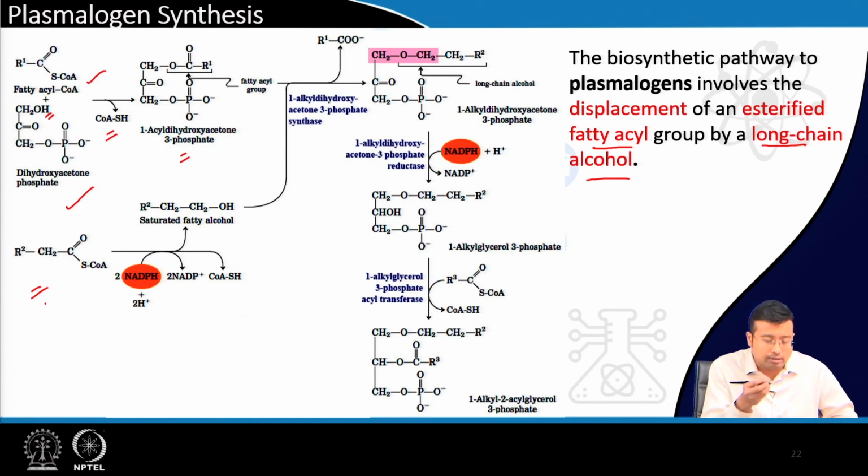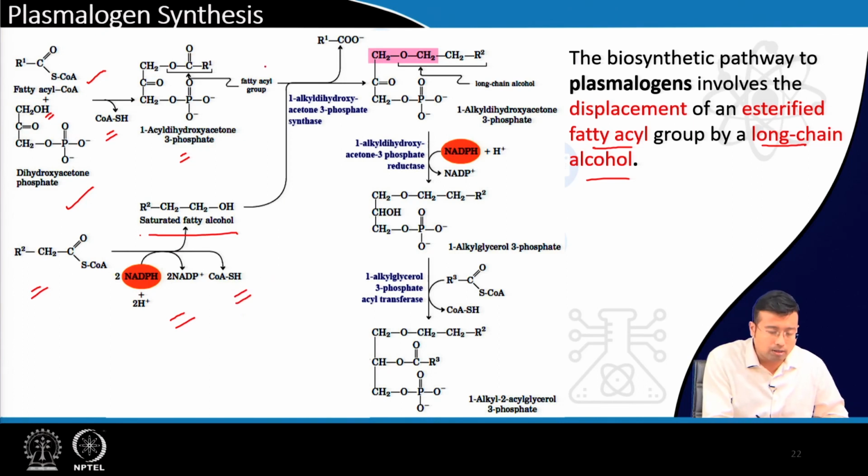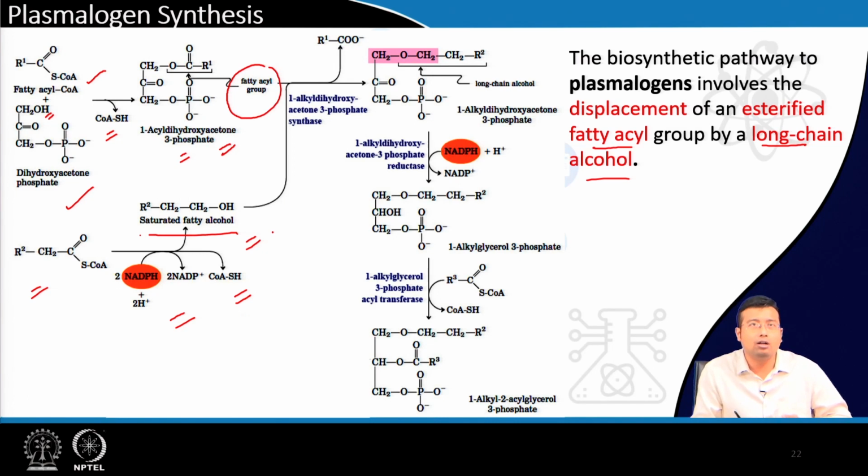What happens in the second acyl group? It is reduced with the help of NADPH. When we are reducing acyl CoA, it is becoming a saturated alcohol because the coenzyme A is lost. Now, the 1-acyl dihydroxyacetone phosphate and the saturated alcohol act together, it is condensed.